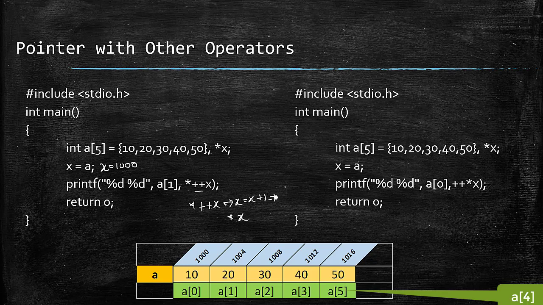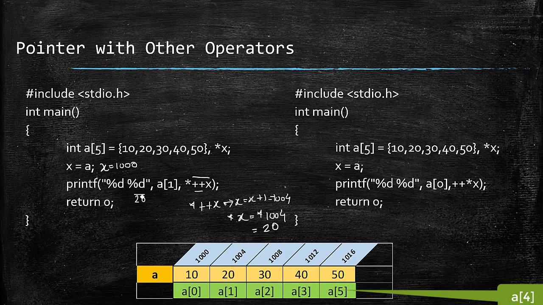And then the asterisk x means value at the address x, that is 1004. Value at the address 1004, what is that value? That is 20. So this parameter will give me 20, and it will be printed under this format specifier.